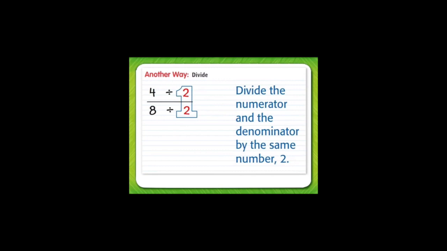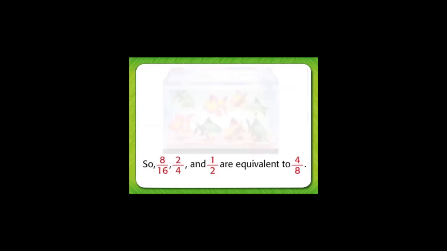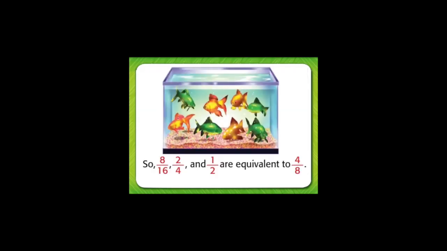Divide the numerator and the denominator by the same number, 2. Since 2/4 is not in its simplest form, we can divide again to find another equivalent fraction. Divide the numerator and the denominator by the same number, 2. So, 8/16, 2/4, and 1/2 are equivalent to 4/8.